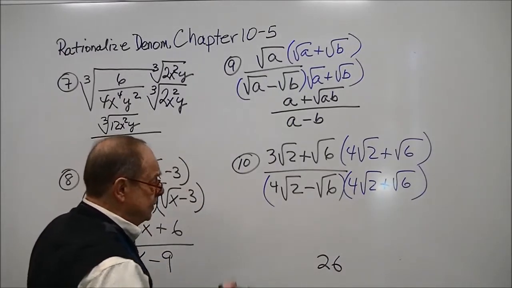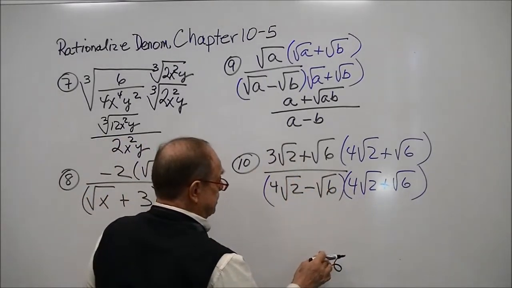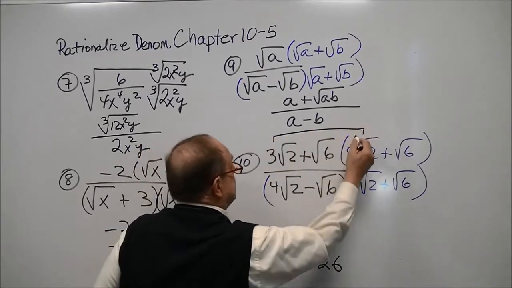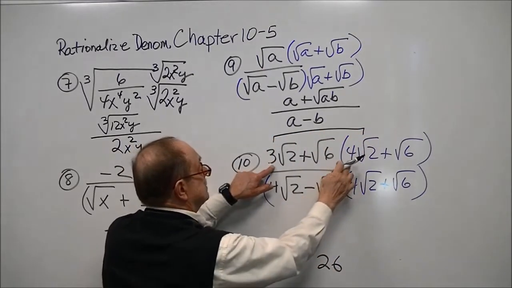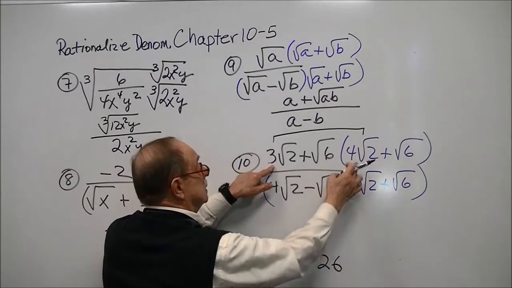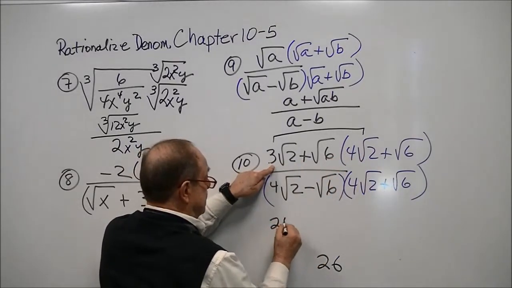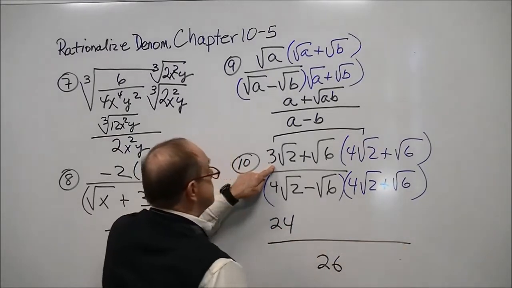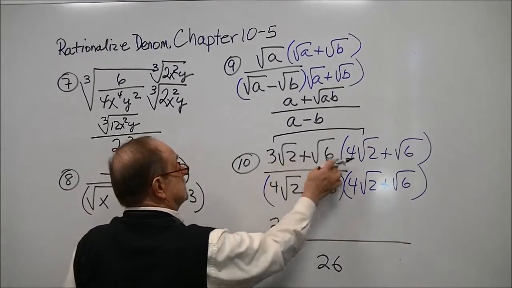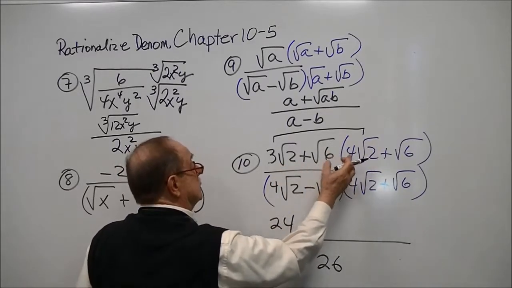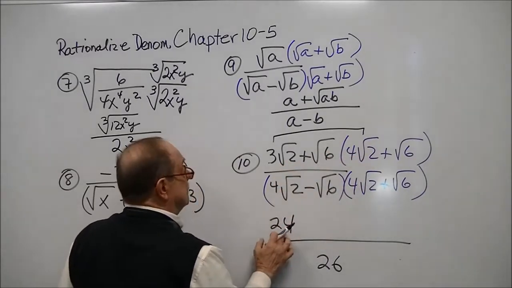Now our top, as we FOIL it, this gets a little challenging. Let's just do it slowly. 3 times 4 is 12. 12 times 2 is 24. So 3 times 4 is 12. The square root of 4 is 2. So 2 times 12, 24.